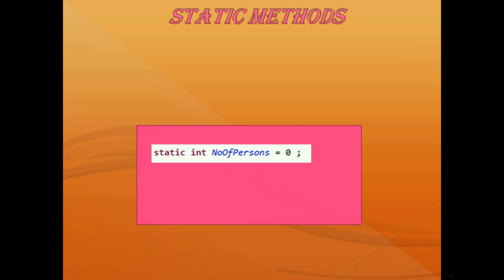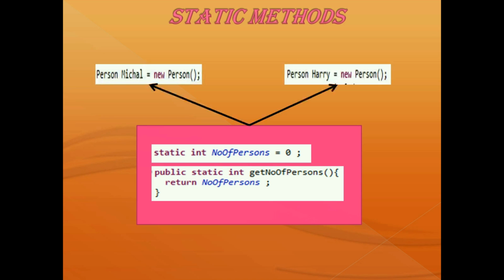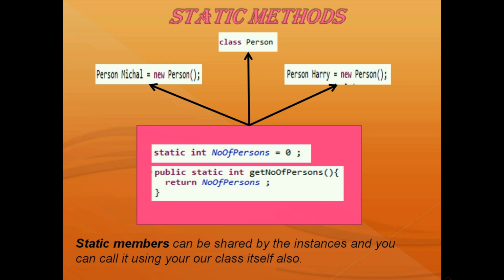So this member variable and member method, which are static, were shared by both the instances, and also this can be called by the class itself. So this is a very basic and important property of static members: static members can be shared by the instances, and you can call them using your class itself also.